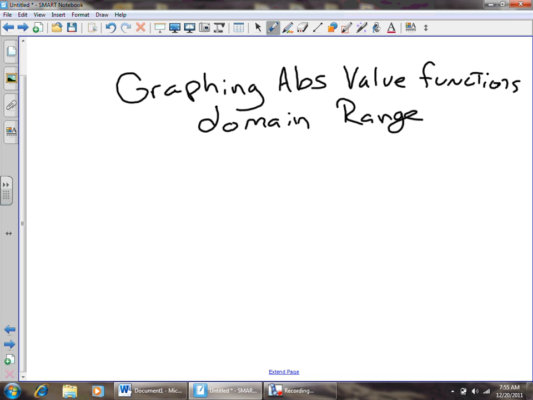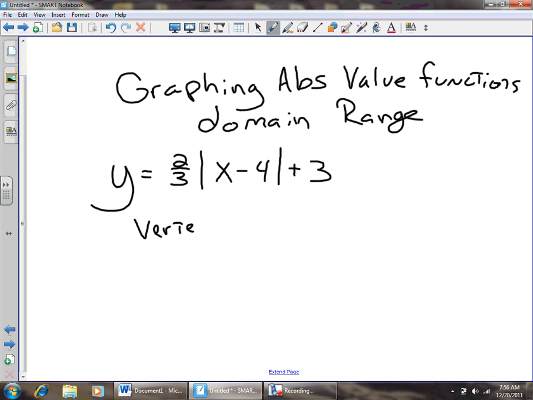Let's say I have an equation that looks something like this. y equals 2 thirds absolute value of x minus 4, plus 3. The first thing I'm going to do is find the vertex. Well, my x-coordinate of the vertex is here, but remember, I changed the sign. The y-coordinate of the vertex is here, but I don't change the sign. So my vertex occurs at (4, 3).